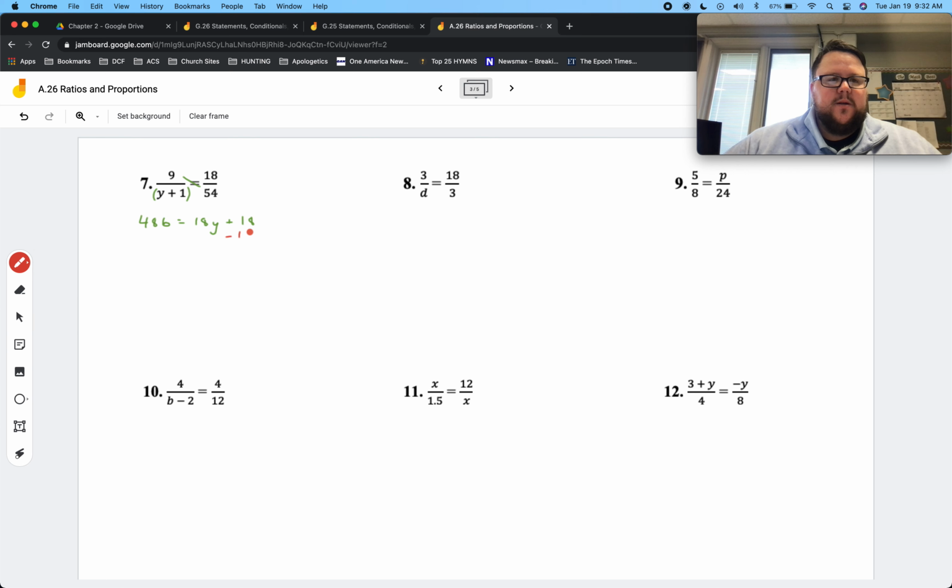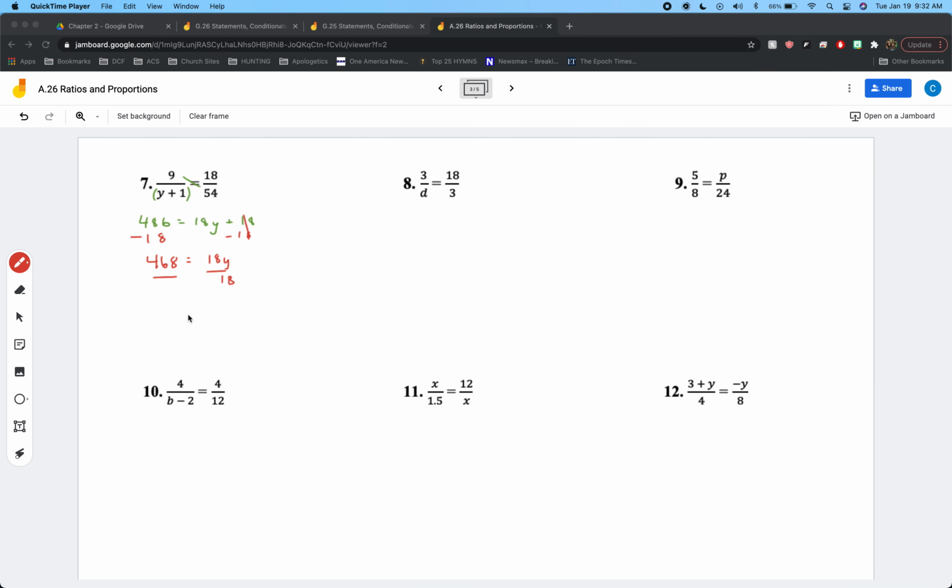So minus 18, minus 18. Then 486 minus 18 is 468 equals 18y. Divide by 18, divide by 18. Y equals 468 divided by 18, which is 26.